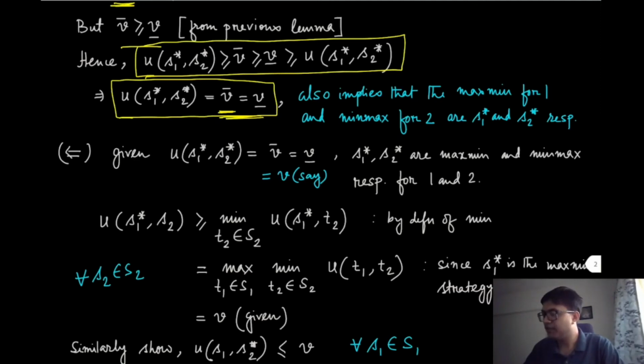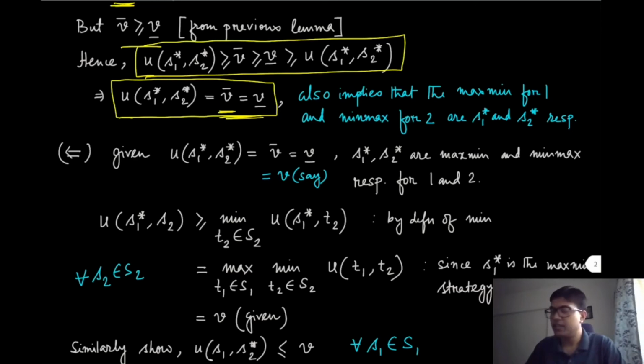So we have shown the necessary condition, that is the only if direction, that if you have a PSNE which is S1 star S2 star, then this equality should hold, and your S1 star S2 star which was a PSNE must also be the min-max strategy and the max-min strategy respectively.